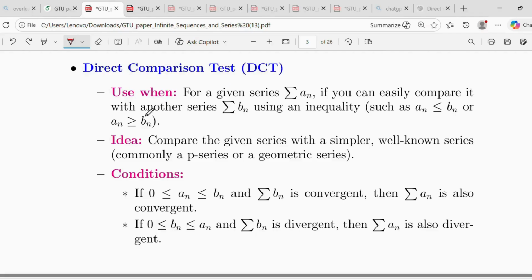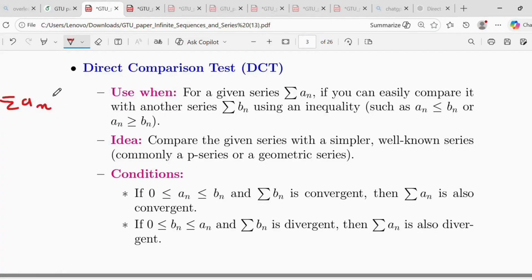Use it when, for a given series an, you can easily compare it with another series bn using an inequality such as an less than or equal to bn or an greater than or equal to bn. What does it mean? Suppose one series an is given to you.